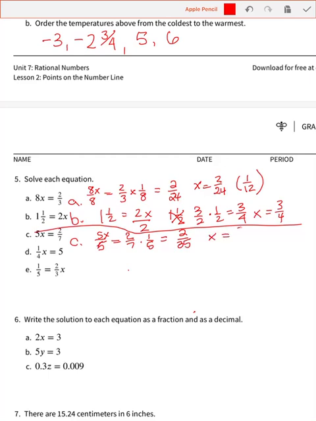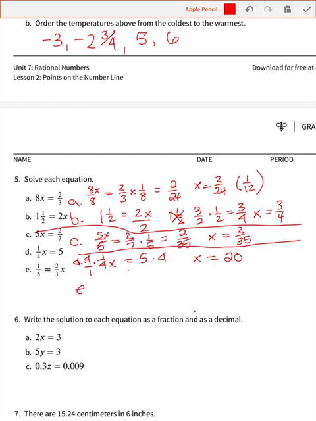X is equal to 2/35. And then D, we have 1/4 x is equal to 5. We need to get x by itself, so we're going to multiply by the reciprocal, which is 4/1. And if you multiply this side by 4, you get x is equal to 20, because 5 times 4 is 20.